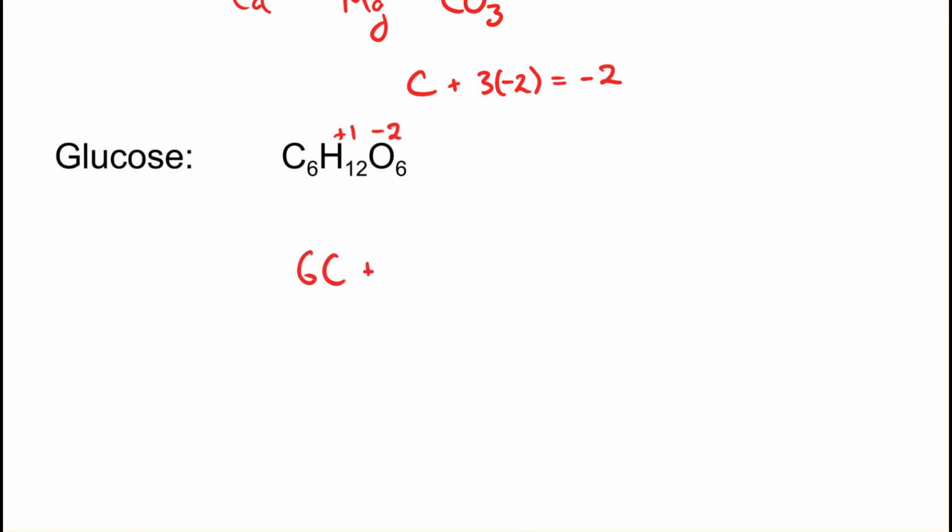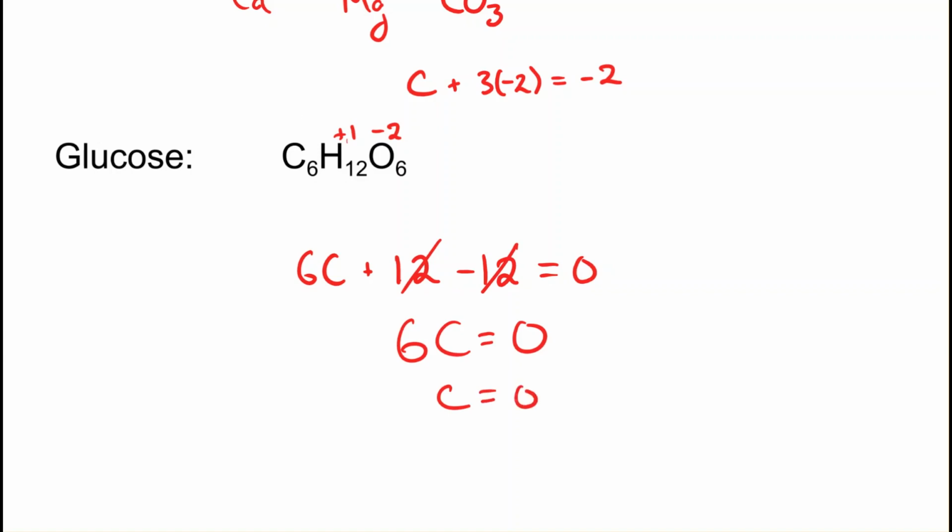So 6 carbons plus 12, and 6 times negative 2 is minus 12, equals the charge on the compound. Well, that cancels, so 6 C's is equal to 0. So the oxidation number of the carbon is 0. Perfect. Let us know if you have any questions. Otherwise, we're going to move on to the next topic.